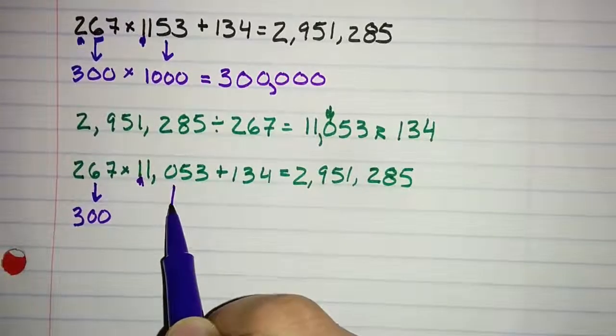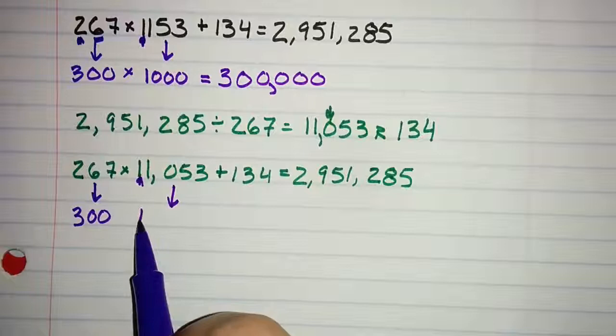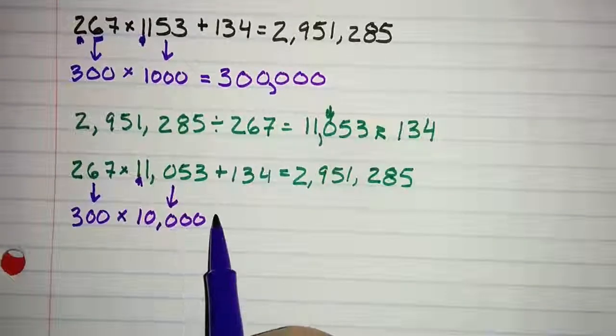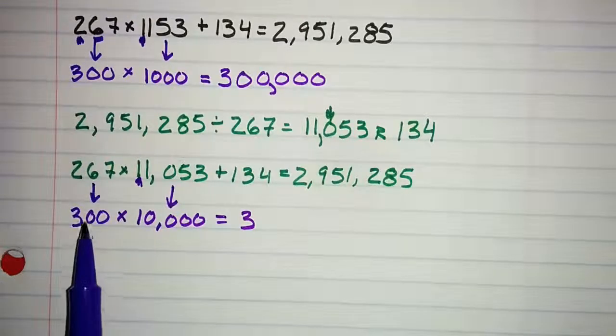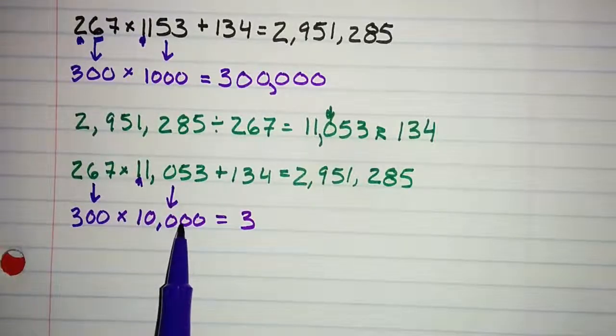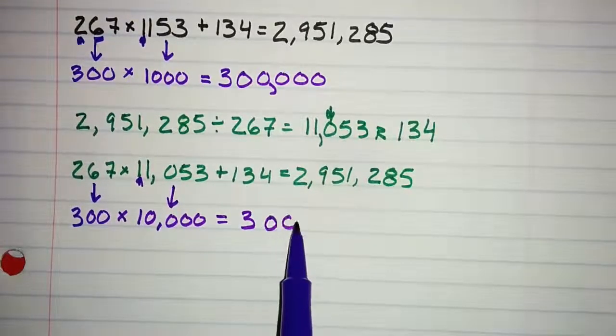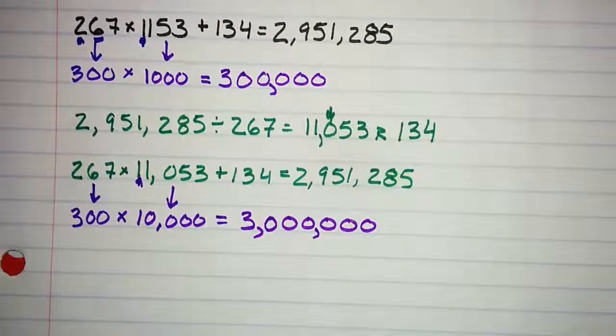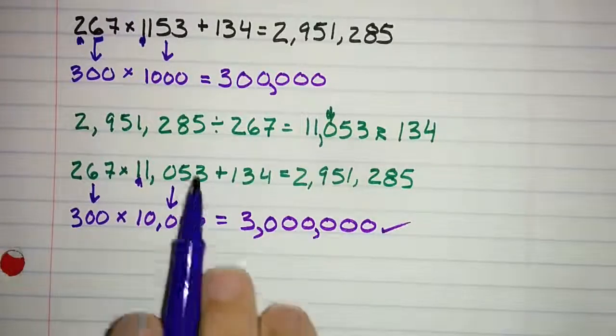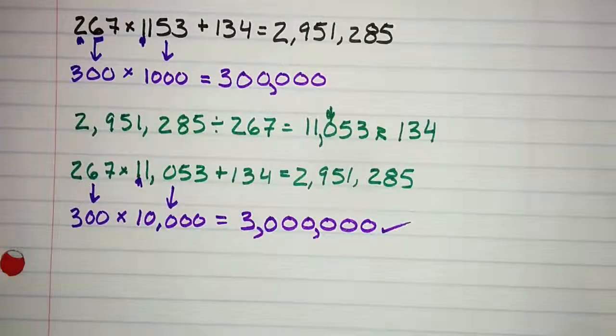The 1 in the next place tells us it's closer to 10,000. And now 3 times 1 is 3, and then I need 1, 2, 3, 4, 5, 6 zeros. 3 million is very close to 2,951,285. So this tells us that this answer, even if it's still incorrect, is at least reasonable.